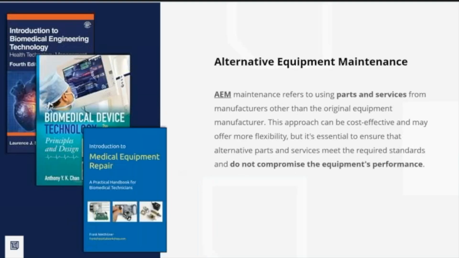Alternative equipment maintenance, like I said, refers to using parts and services from different manufacturers, not the original manufacturers. I recently had the shower handle go out on me. It stayed on, so the shower would not turn off. So I had to buy a Moen cartridge to replace the cartridge in the shower.